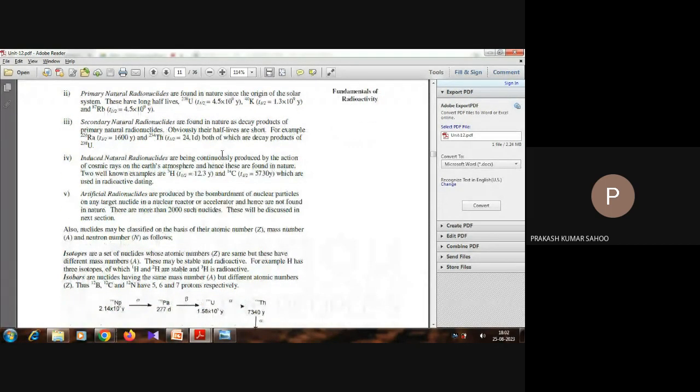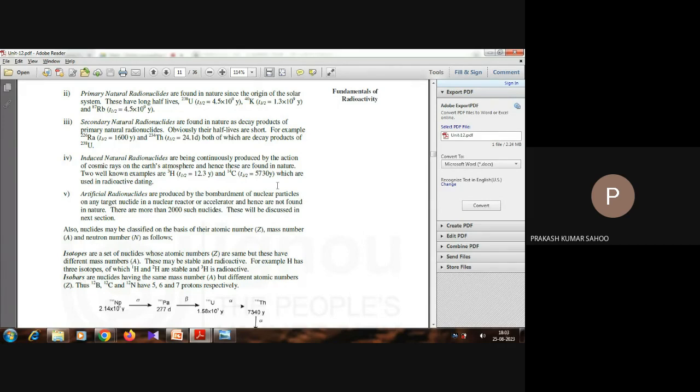Then secondary natural radionuclides, whose half-life periods are very short, such as radium and thorium. Thorium is 24.1 days, radium is 1600 years.